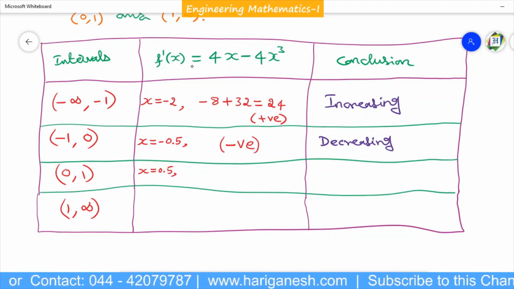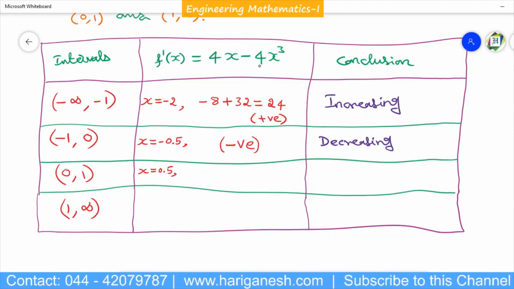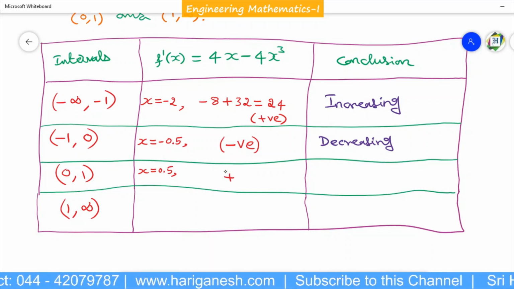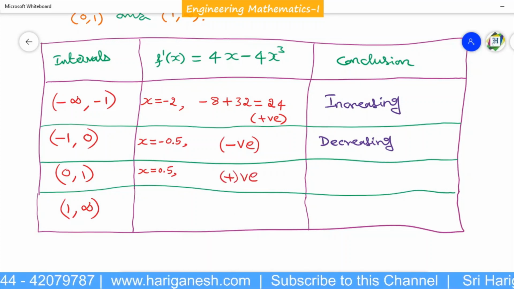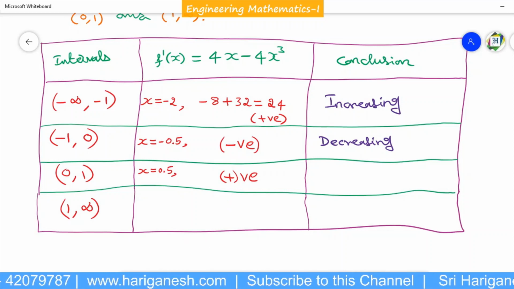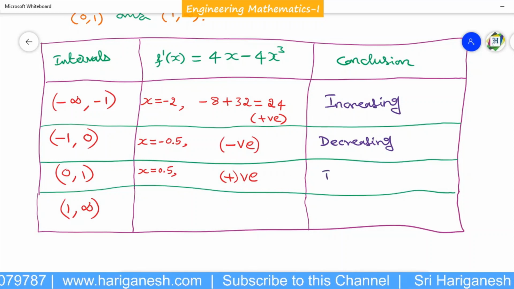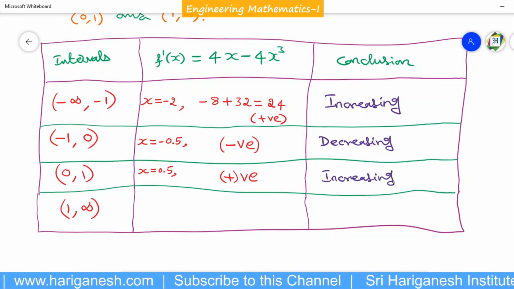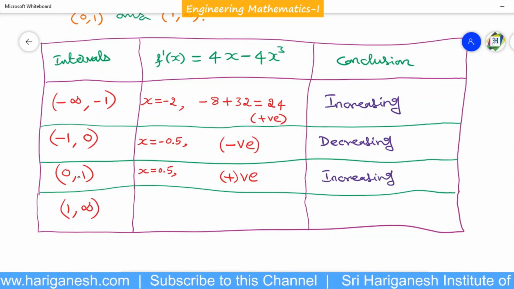Again, you put 0.5 in f dash of x, use your calculator, you will be getting a positive value. Positive value means the conclusion is increasing. So the function is increasing in the interval 0 to 1.